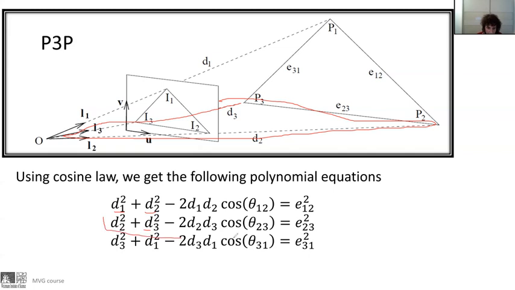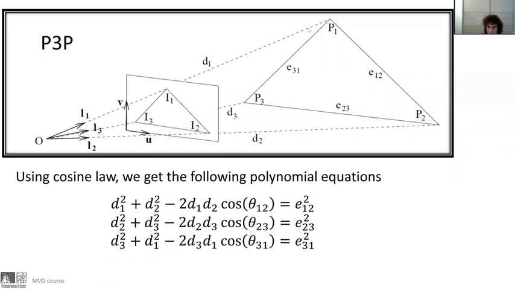For example, this equation comes from this triangle: D1 squared plus D3 squared, minus 2 D1 D3 times the cosine of the angle between the lines of sight, equals E13 squared. This is known. This is known. These are the unknowns. Okay, is it clear? Okay. Any questions?